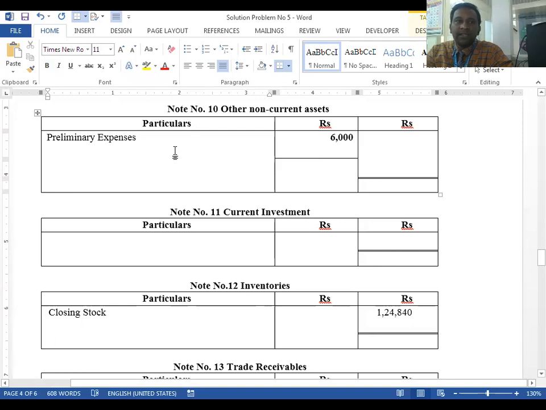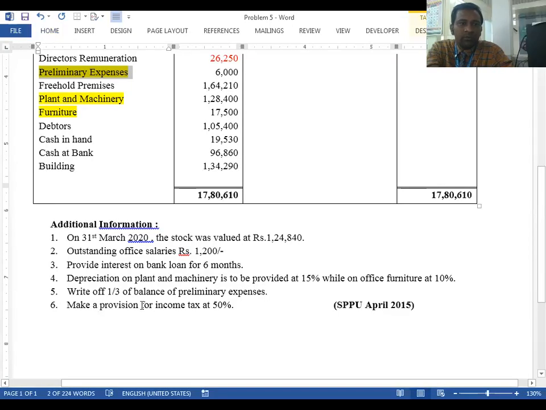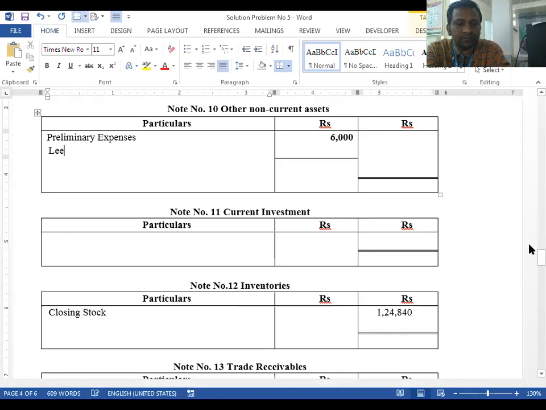6,000 is given in the trial balance. And what is the adjustment? In the adjustment, it is said to write off one third of the balance of preliminary expenses. One third of 6,000, the calculation is 2,000.